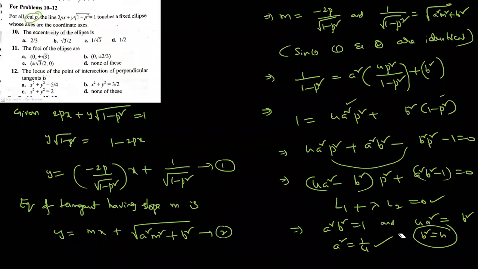So from this case, what is the result coming, see? Check it once again. A square, b square. This is also not possible. So b square minus 1.